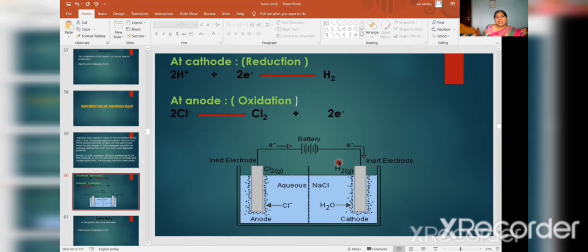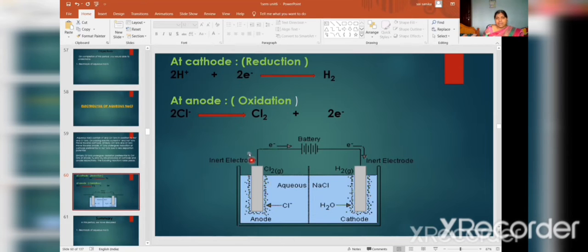Among Na plus and H plus ions, the H plus ions undergo reduction, because of the less deposition potential of hydrogen compared to sodium, and hydrogen gas is liberated at the cathode. At the anode, among Cl minus and OH minus ions, due to the less deposition potential of Cl minus, the Cl minus ions undergo oxidation and liberate chlorine gas.